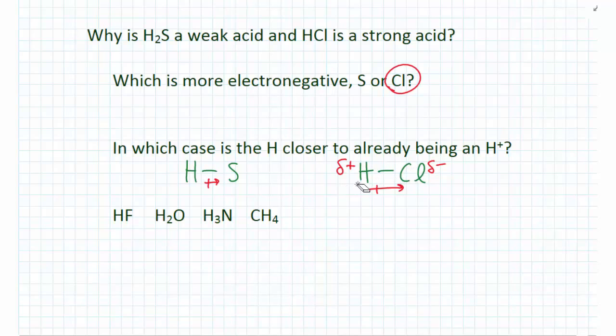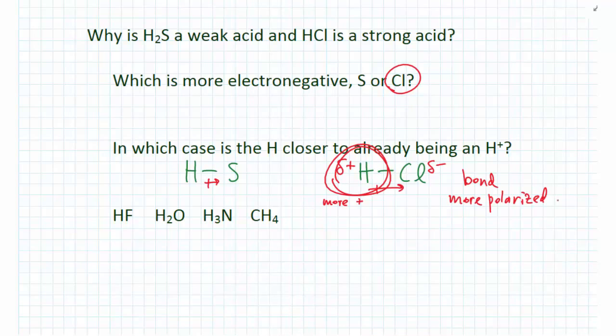So the one that's more electronegative is closer to already being an H plus. This H is more plus than this H here. Another way of saying that is that this bond is more polarized. If an H already has those electrons mostly removed from it, it's much easier for that H to just fall off and become an H plus. Whereas over here, the H is sharing a more significant amount of those electrons. So that's why the more electronegative the atom attached to H, if we're going across a row, size is no longer nearly as important going across a row. The size is more similar.